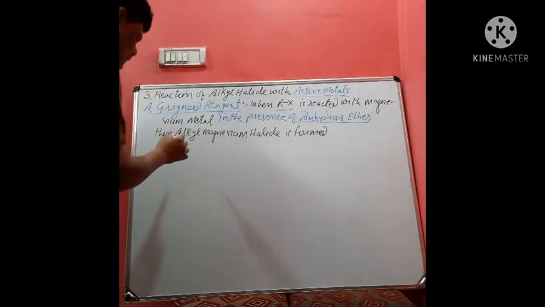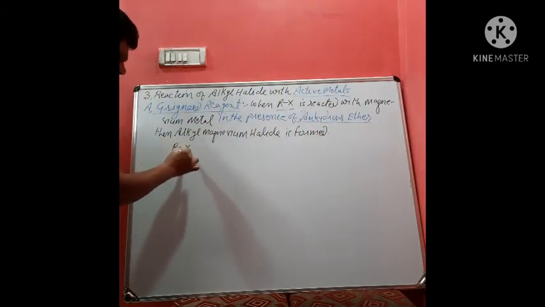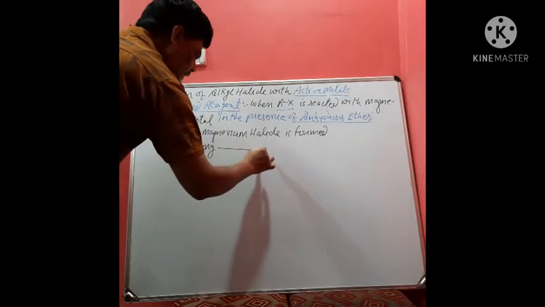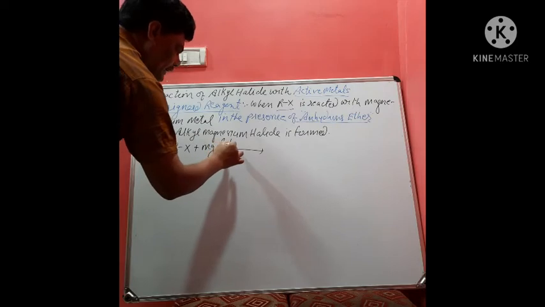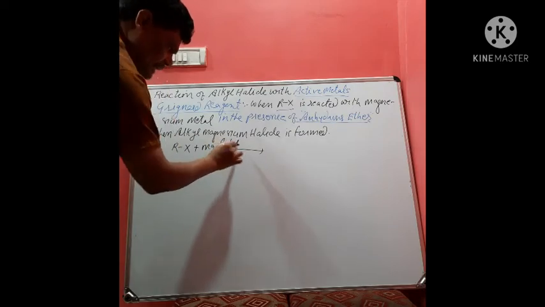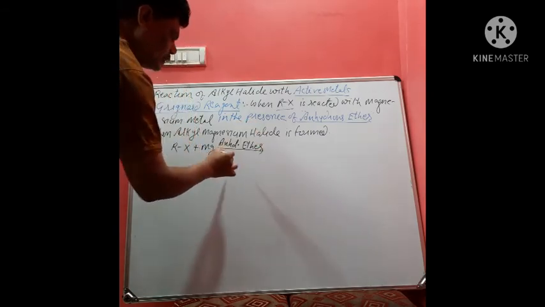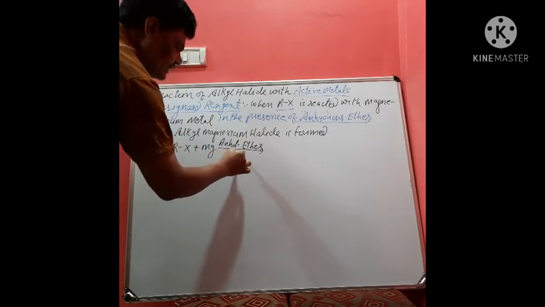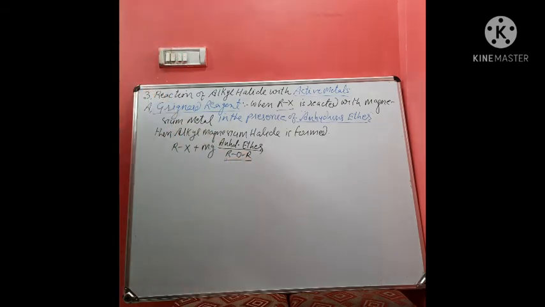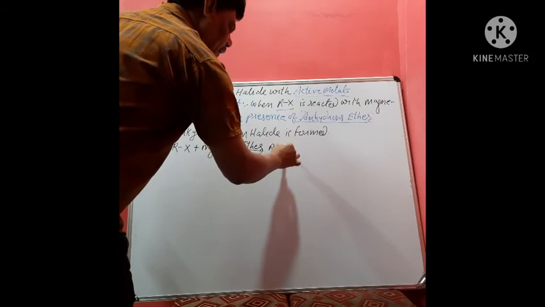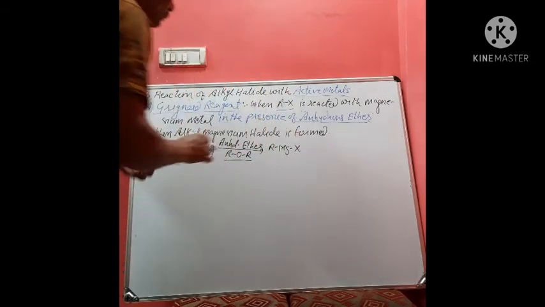I can write RX plus Mg in the presence of anhydrous ether, simply you can write diethyl ether. Then RMgX is produced.